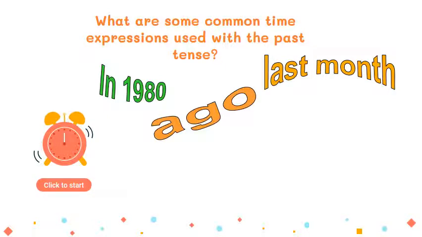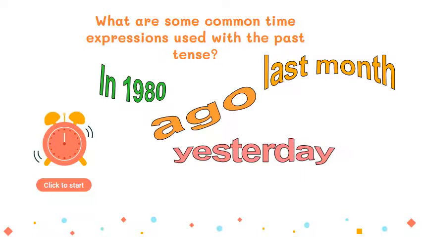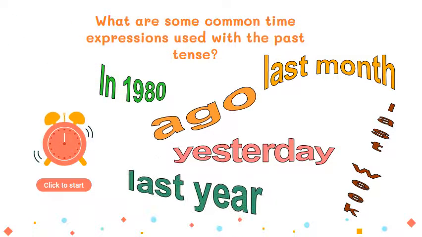Ago: I can say 2 days ago, 2 years ago, 3 days ago, 3 weeks ago, 2 semesters ago. Yesterday. Last week. Last year.